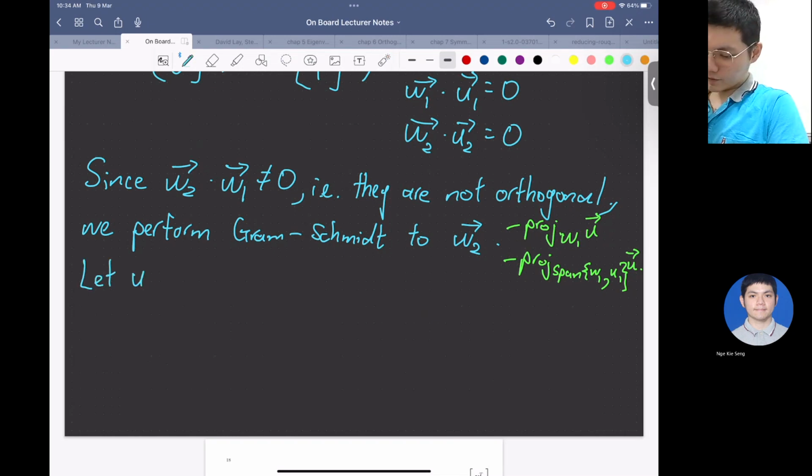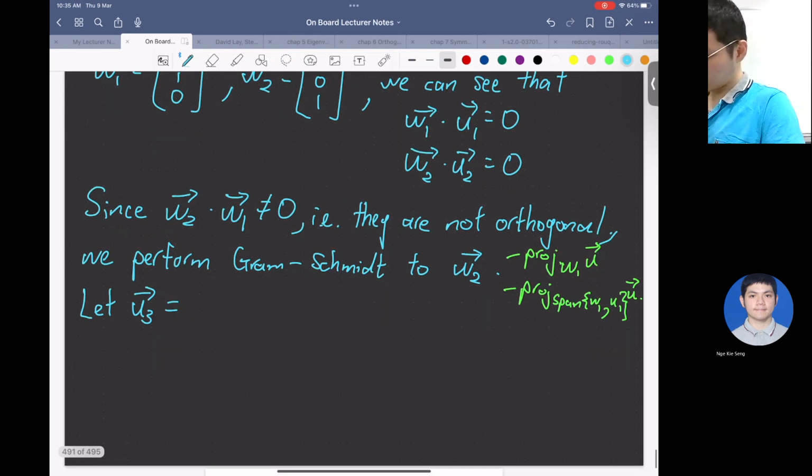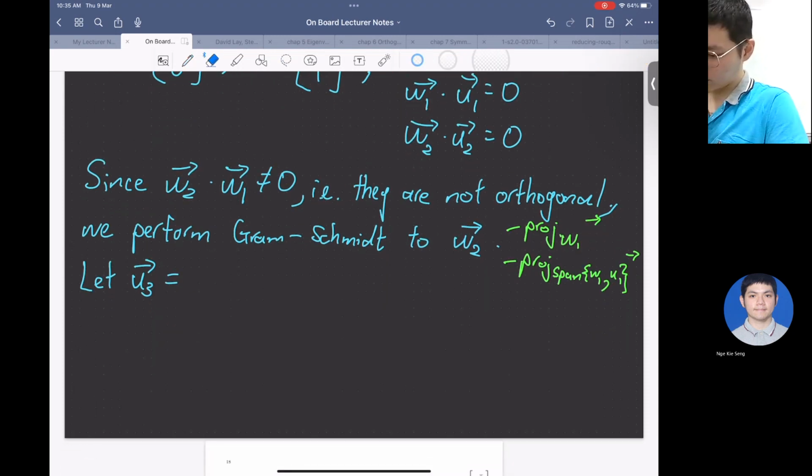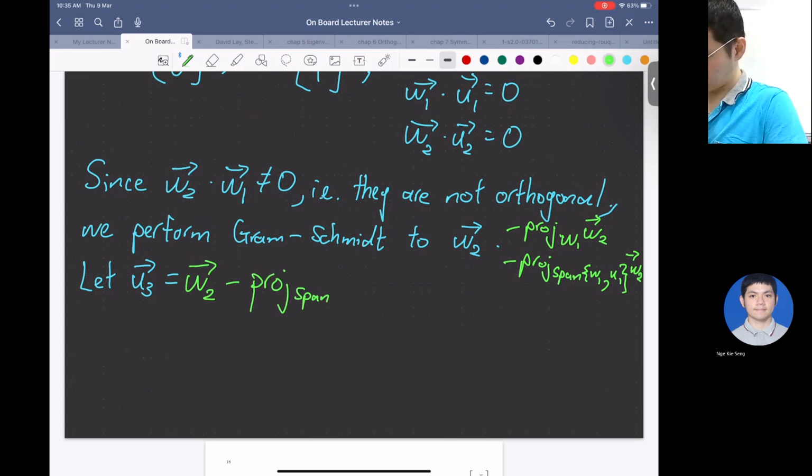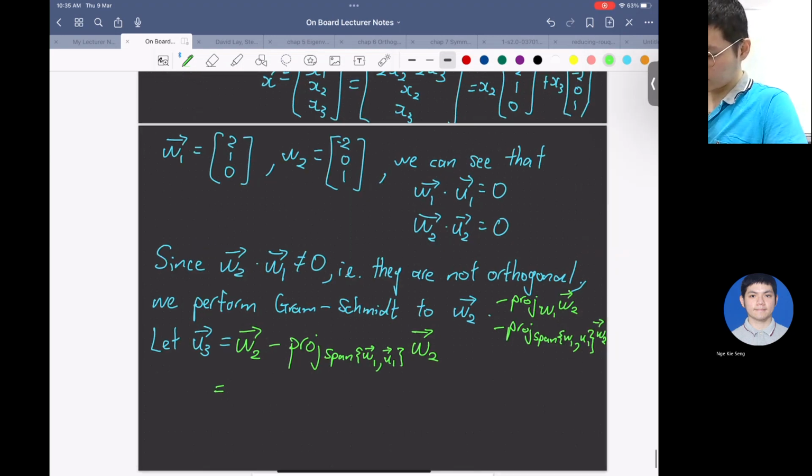So let U3 be equal to R. You get W2, right? W2, take away the projection of the span on W2. Then you compute what is W2.